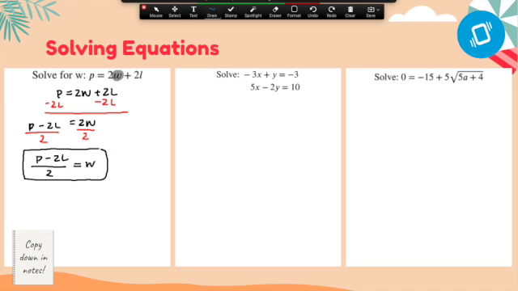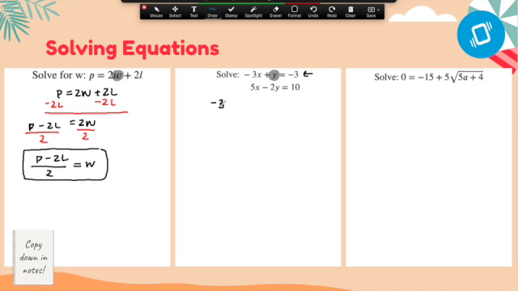The next question is asking us to solve when you have negative 3x plus y equaling negative 3 and 5x minus 2y equaling 10. For this one, I want to isolate either the x value or the y value. It seems like it would be easier if I can isolate this y value here. So I'm going to use this equation first.